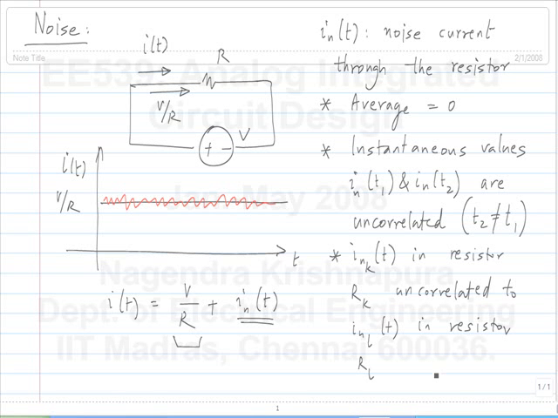So the noise currents are uncorrelated from one time instant to another and also from one device to another. But how much is the noise? How will we characterize it? We use the variance of noise and we use the spectral density of noise.